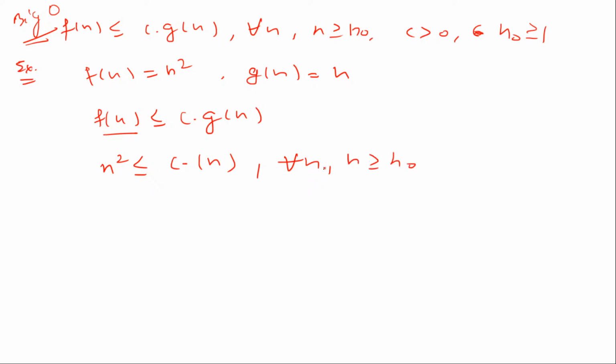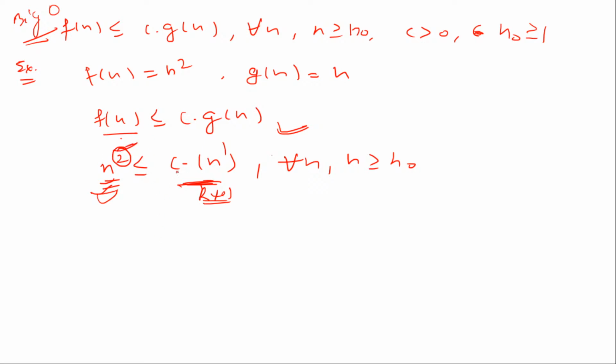The power of n in f(n) is 2, while in g(n) it is 1. So f(n) will always be greater, and we cannot make the right-hand side greater because the left has n square.